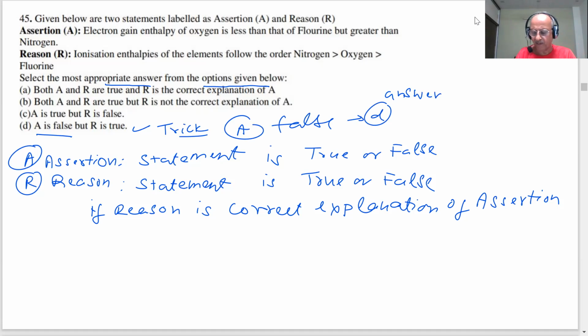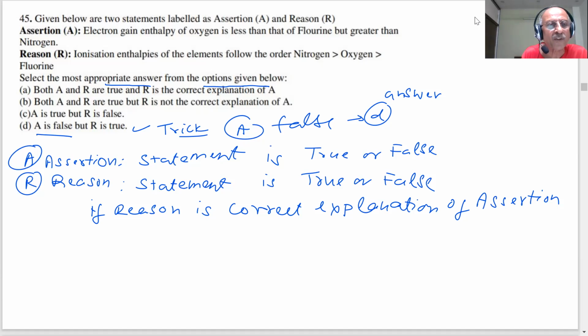Let us see. As I give some question problems, then we will be able to understand more. First question number 45. Given below are 2 statements labeled assertion and reason. Assertion: electron gain enthalpy of oxygen is less than that of fluorine, but greater than that of the nitrogen atom.